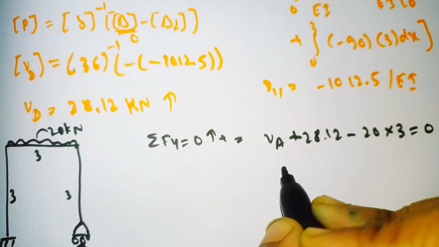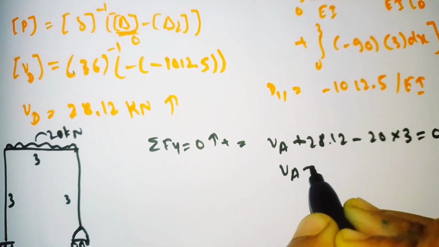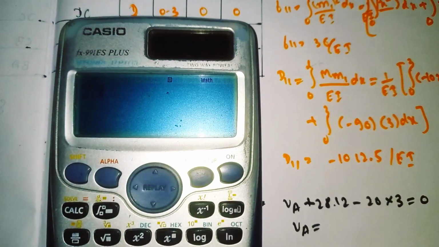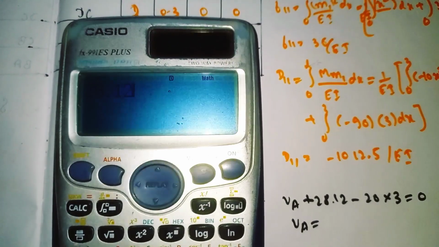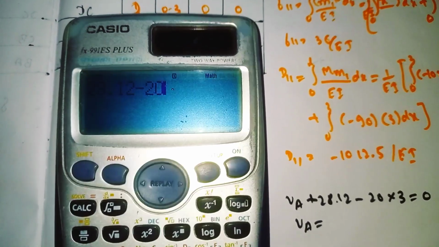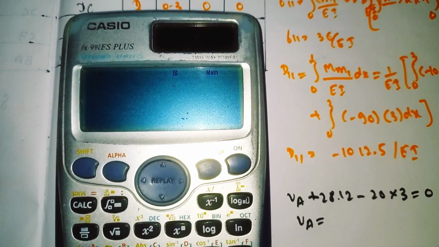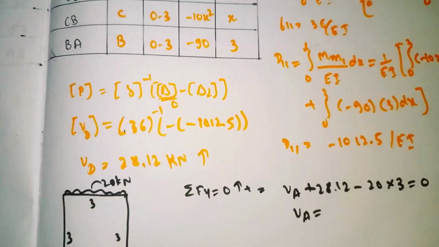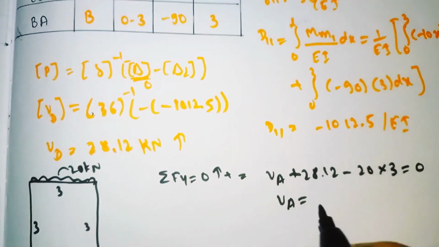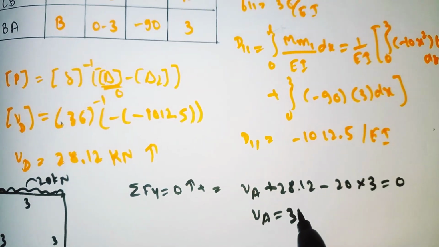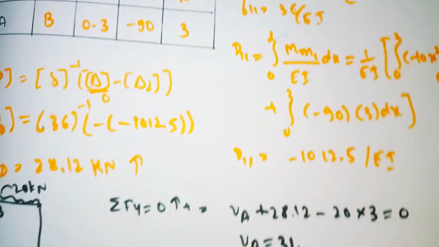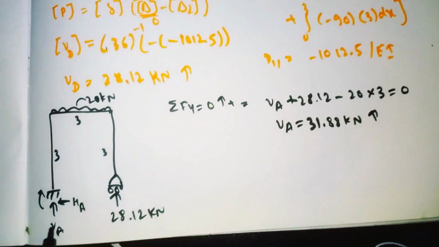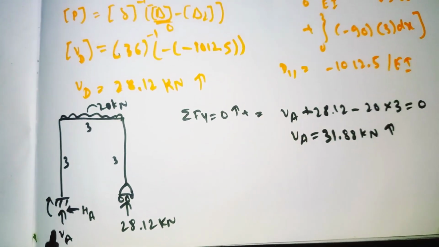So now solve it. Our VA will come out as 28.12 minus 20 into 3, so it comes minus 13.88. If you take this to the right side, it becomes positive 31.88 kilonewton. So upward. So the direction we have considered was right.